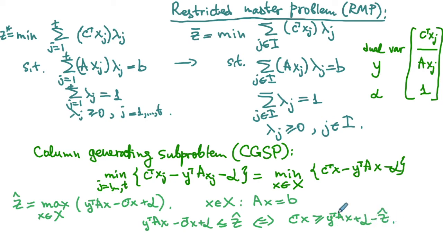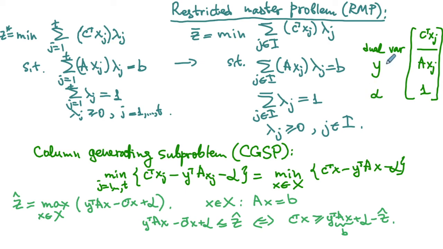So now let's see what we have in this expression right here. First of all, we assume that this point x not only belongs to X capital but also satisfies the complicating constraint, meaning that Ax is equal to b. So we can replace Ax here with b. We obtained here y transposed b plus alpha, but then what is y transposed b plus alpha?